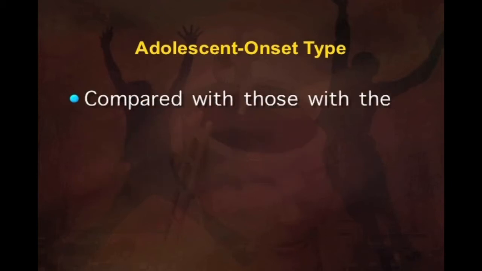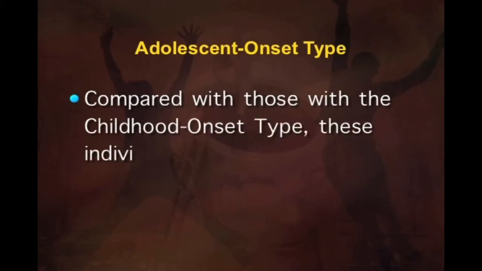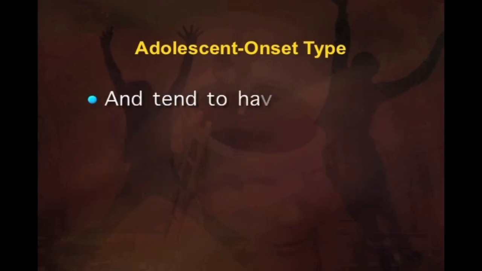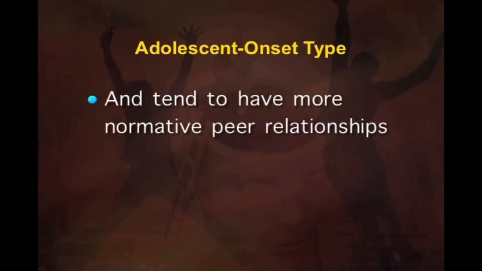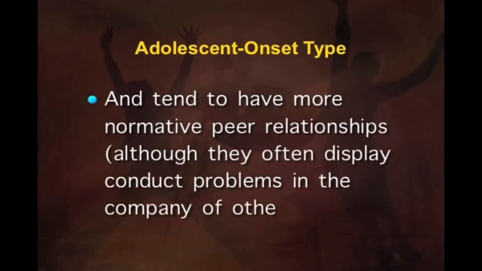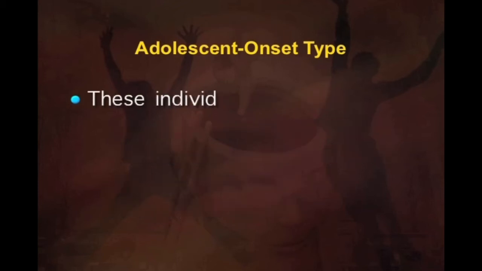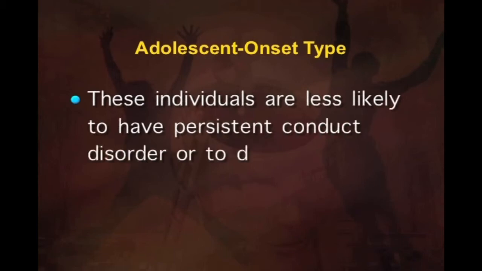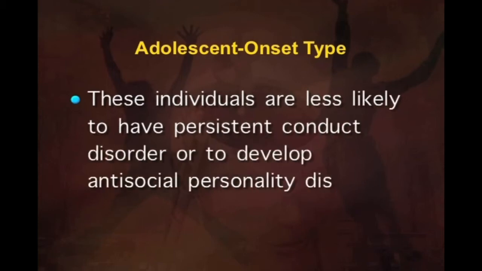Compared with those with the childhood onset type, these individuals are less likely to display aggressive behaviors and tend to have more normative peer relationships, although they often display conduct problems in the company of others. These individuals are less likely to have persistent conduct disorder or to develop antisocial personality disorder.